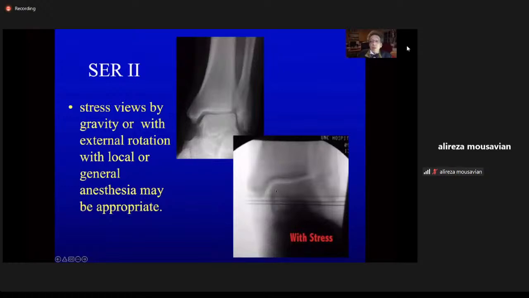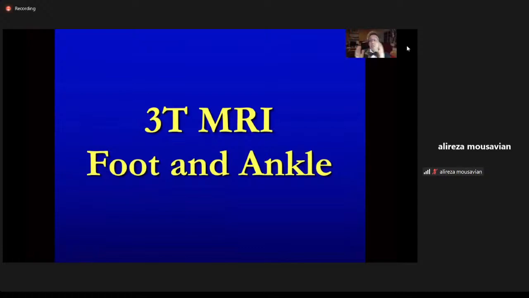And you can see here, for example, with stress, this opened up in the syndesmosis here. Even though it was a Weber B type SER2 fracture, we had syndesmotic injury. Many times it's because there is some comminution of this fibula piece, or sometimes an injury of the Chaput tubercle on the lateral aspect of the tibia.